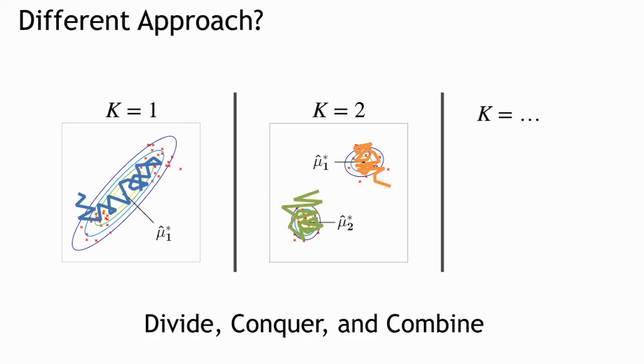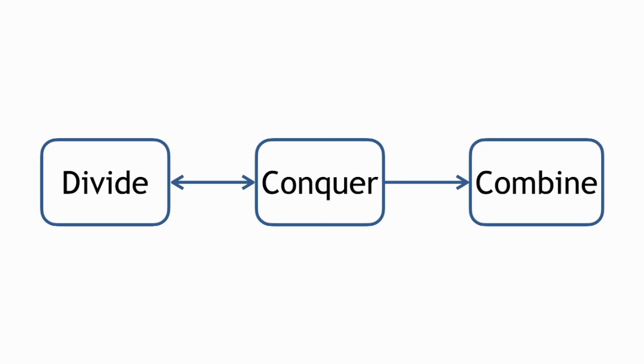By doing so, we divide the overall problem into a series of simpler sub-problems, conquer each sub-problem, and combine them together. We therefore formalize this idea into our framework: divide, conquer, and combine.